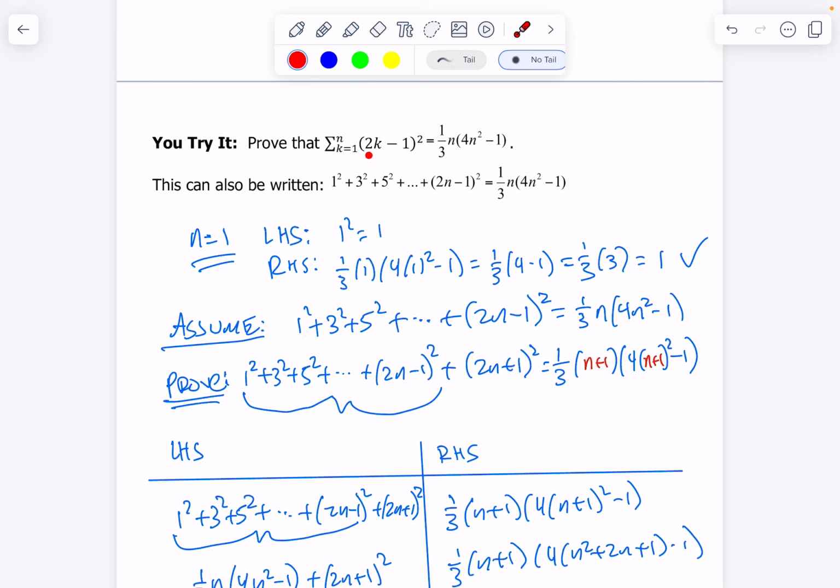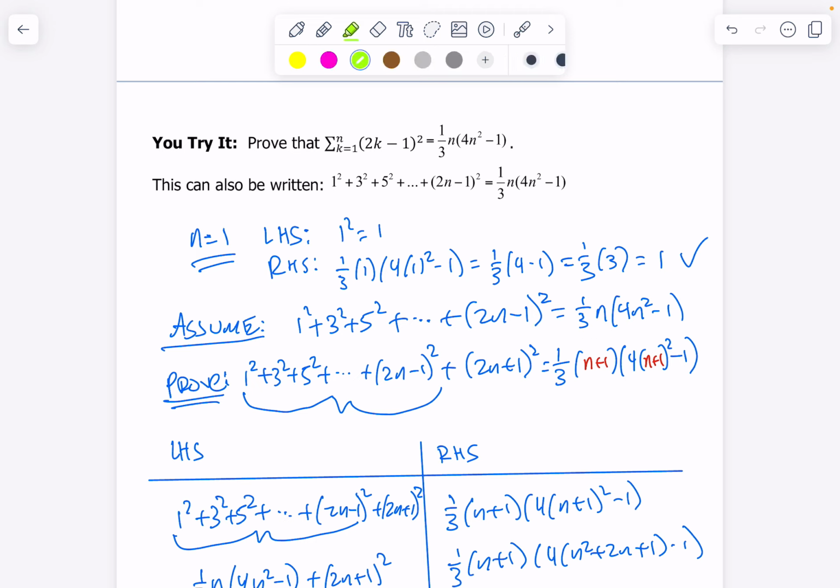You plug in 2, so you go 2 times 2 is 4, minus 1 is 3, so that's going to be 3 squared. You plug in 3, and you get 3 times 2 is 6, take away 1 is 5, so you get 5 squared. And it's starting to generate that, and we end up with an odd number, 2n, like we get up to the nth thing, so I'm going to plug in n here, so 2n minus 1 squared. That's our last term. And then that equals the formula at the end.